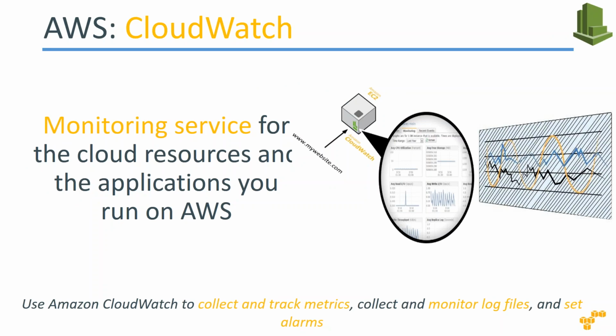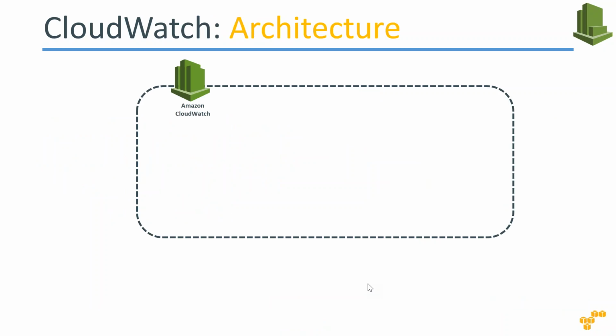It's a simple monitoring service. In the on-premise world, if you are used to Tivoli monitoring, HP OpenView, or Netcool, the tools you're familiar with, it is very similar to those, but a little bit more powerful and scalable, in my opinion.